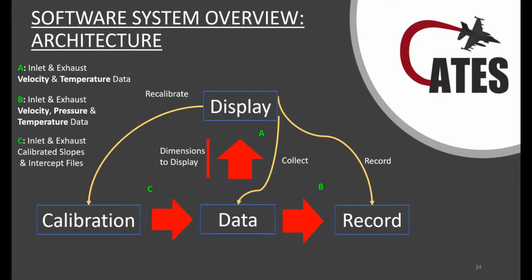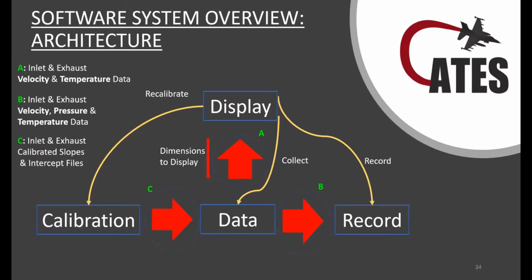At the beginning of this project, we sat down and realized we needed to determine what the software needed to do before we determined how it was going to do it. So we created something known as the software system overview. This is the architecture of all that software.